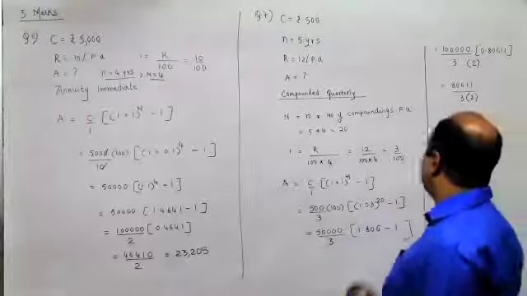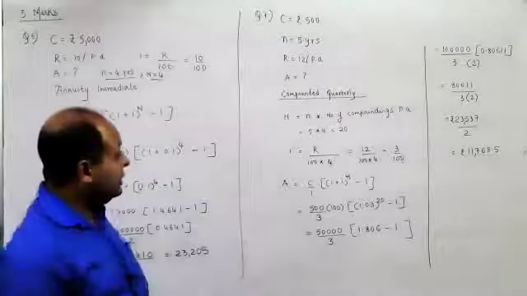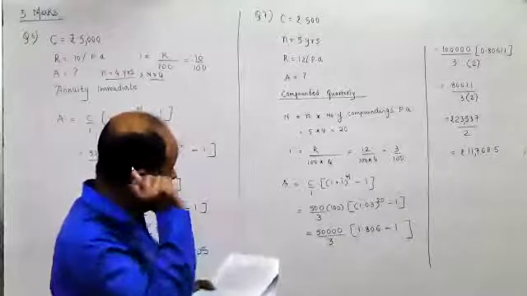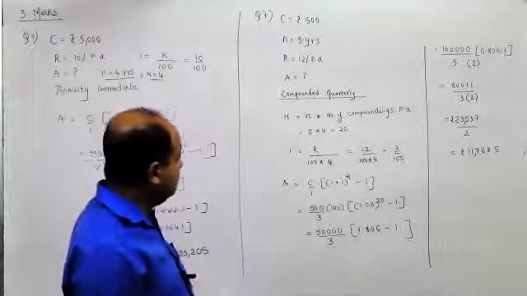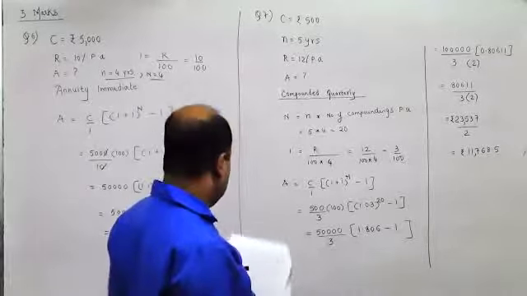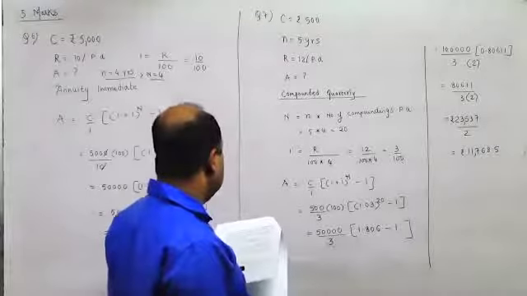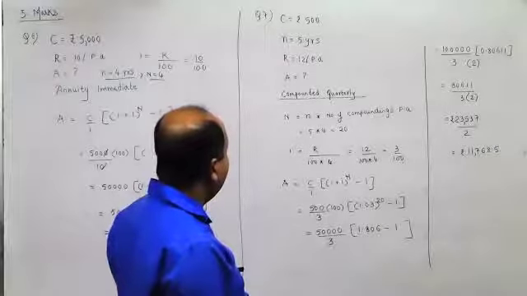Is this the answer, Smriti? No, sir. What's the answer? 2267.60. Sir, for that C upon I, we did not multiply by 4.